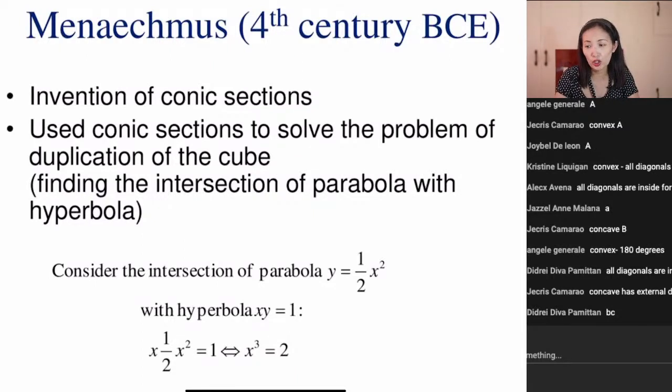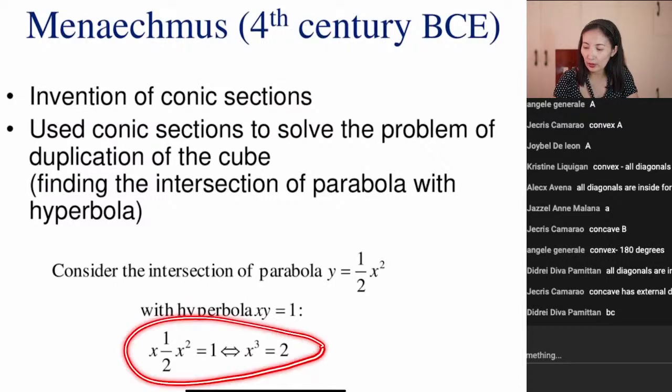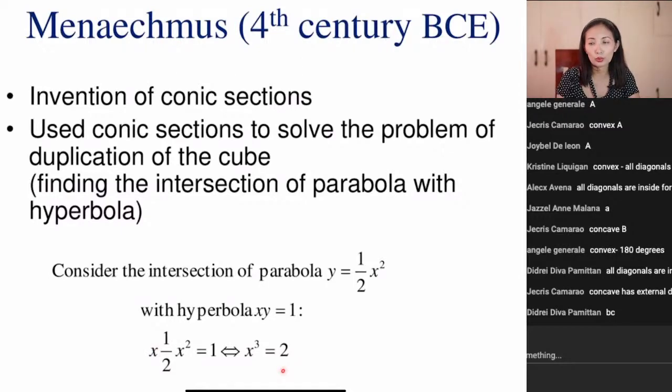Finding the intersection of a parabola with a hyperbola. So the intersection of the equations y equal to 1/2 x squared and xy equal to 1 gives x cubed equal to 2.